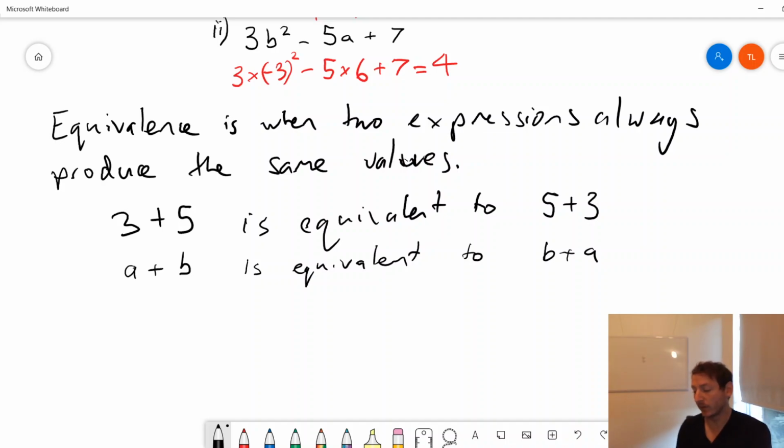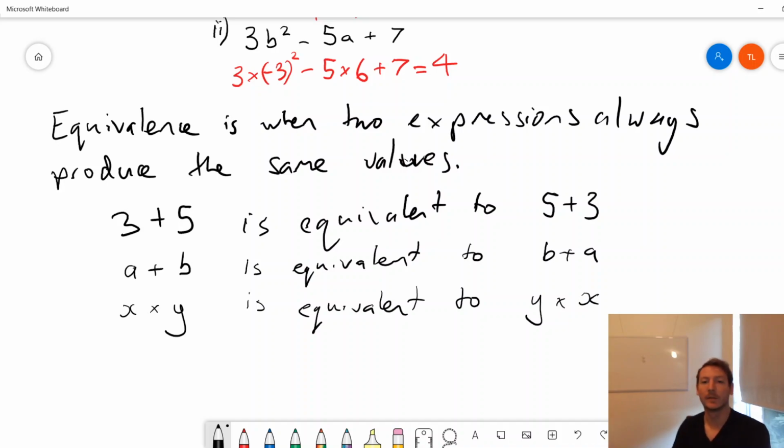There's actually a name for it when we're talking about addition or multiplication, because you might notice as well, let's say we did x times y, that is always going to be equivalent to y times x. 3 times 5 is 15, 5 times 3 is 15.